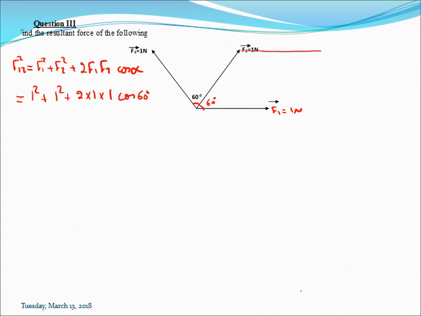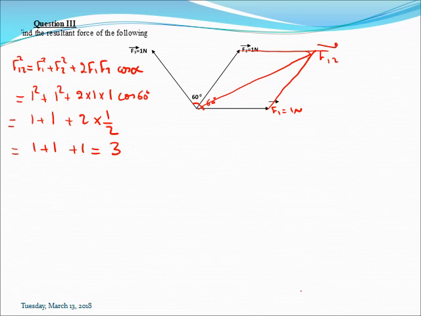The resultant between F1 and F2: F12 square equal 1 plus 1 plus 2 times 1 over 2 equal 1 plus 1 plus 1 equals 3. Then F12 equal radical 3 Newton.